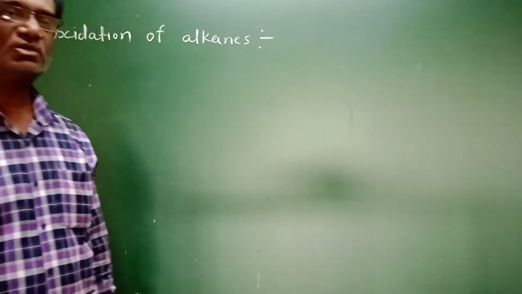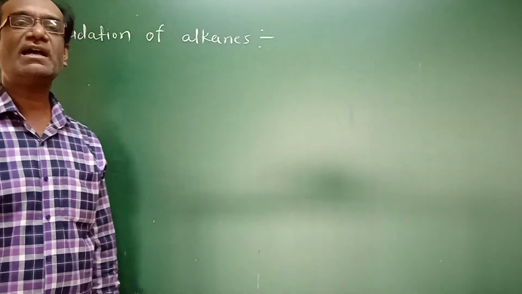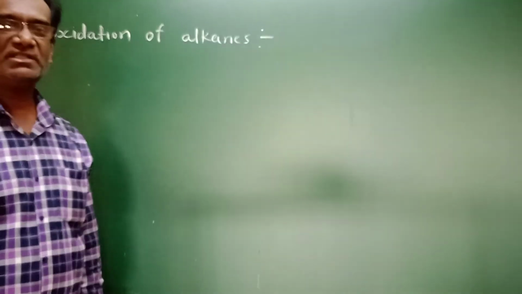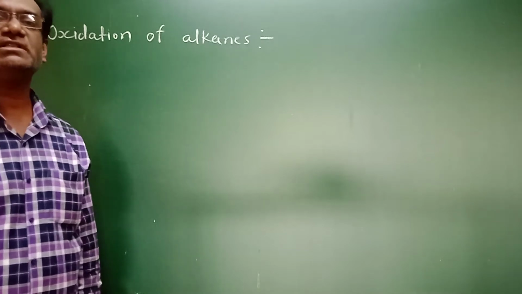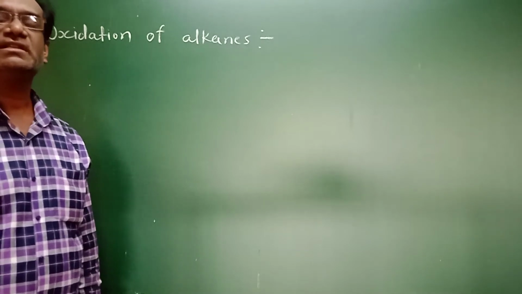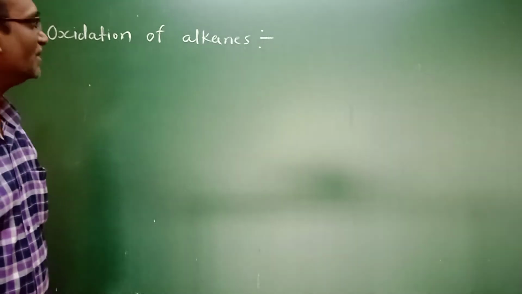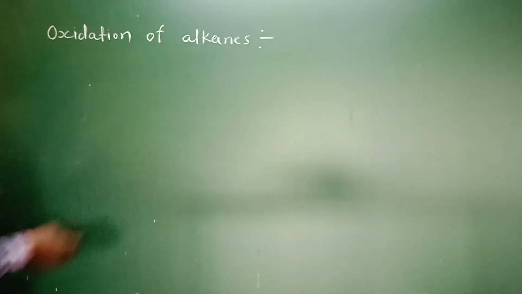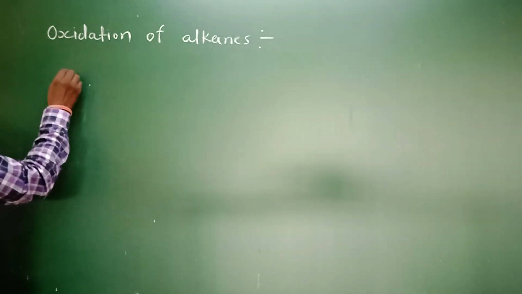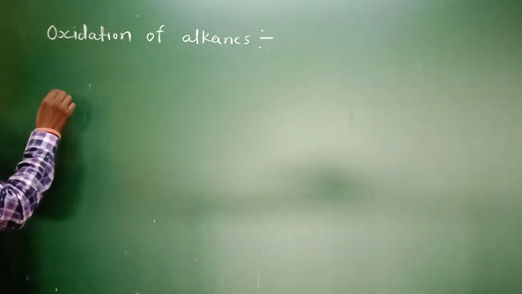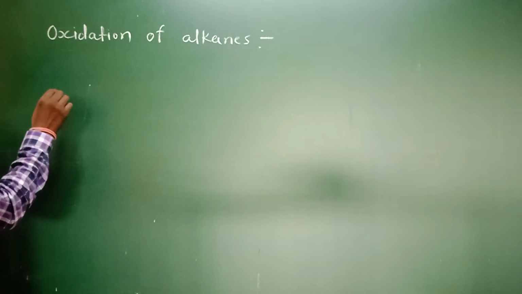You already know the alkanes are the hydrocarbons which contain carbon-carbon single bonds, and all the hydrogens are bonded with the carbons with single covalent bonds. That means when any one of the alkanes is oxidized, it will form the product according to its content.